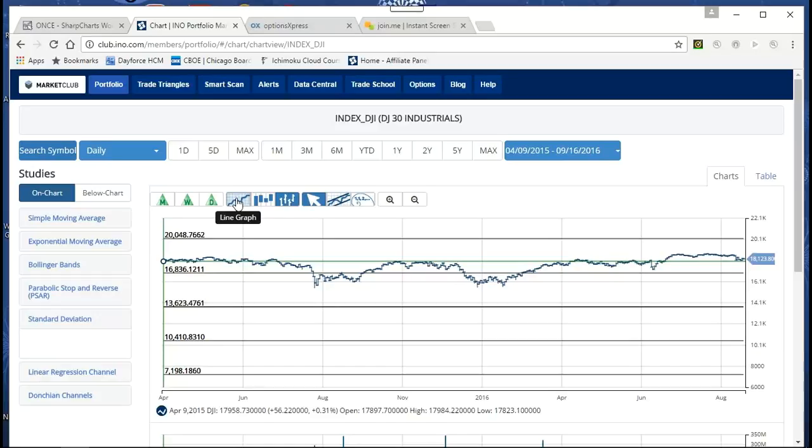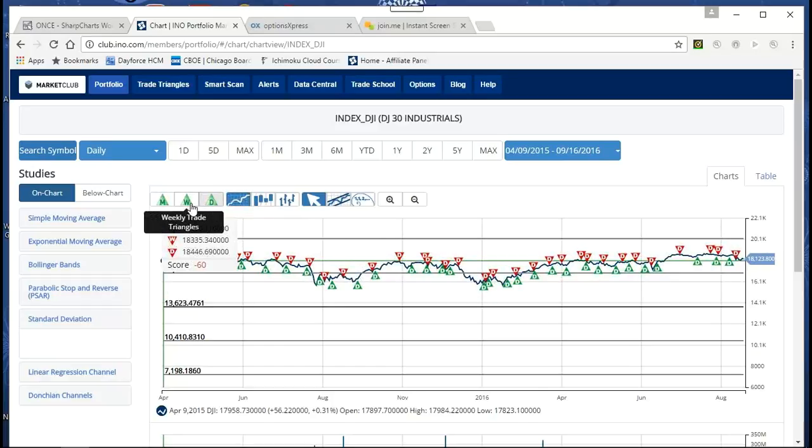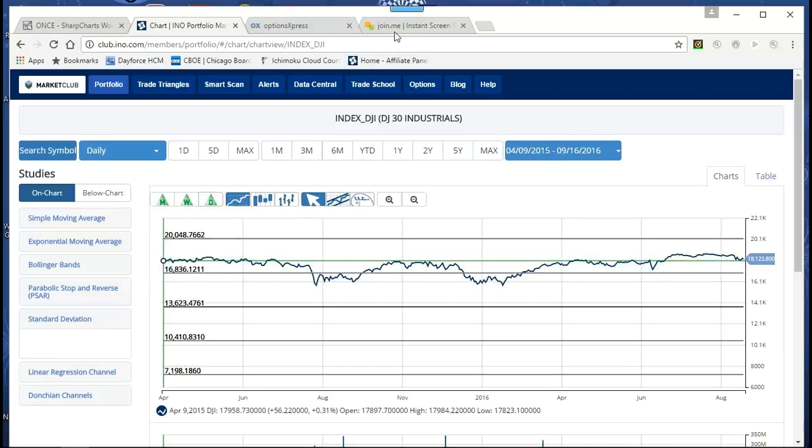Now, when I'm using MarketClub.com, I like to use the line graph. The reason why I like to use the line graph is because the triangles normally show up a little bit better, and you can actually see what's going on when you start to use your triangles. It also allows you to, so I took off all the triangles.